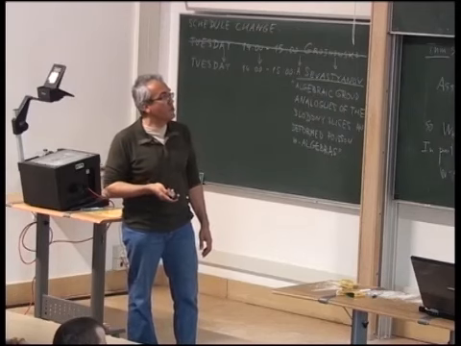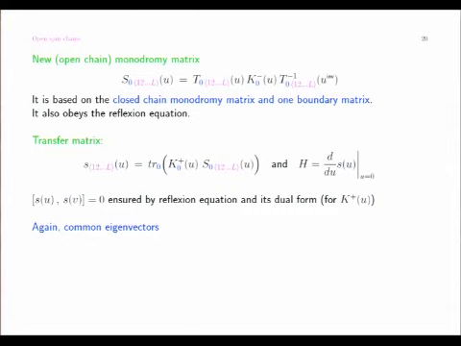So from these two boundary matrices, you construct a new open chain monodromy matrix, which is built from the monodromy matrix we were using in the closed case, the K matrix, and then again the same monodromy matrix, but inverted and with the spectral parameters inverted also.